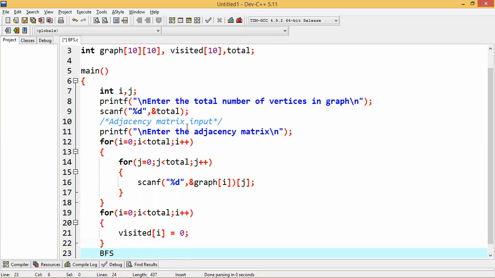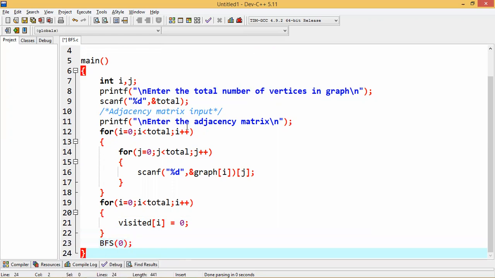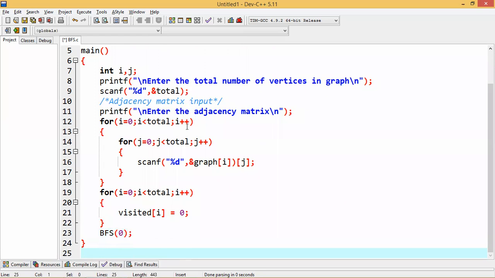Now I'll call BFS with, suppose, starting vertex 0. Done. So once the starting vertex is 0, I'll start my processing here. So what will be my processing?